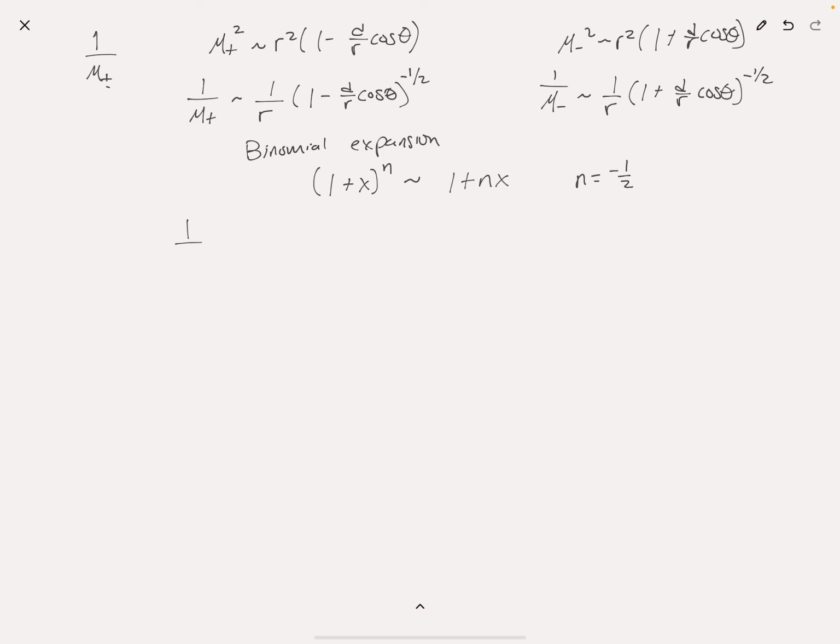So I can rewrite this as 1 over r plus is approximately 1 over r times 1 plus d over 2r cos theta. I expanded that square root out. And the same is true for script r minus. That's 1 over r times 1 minus d over 2r cos theta.